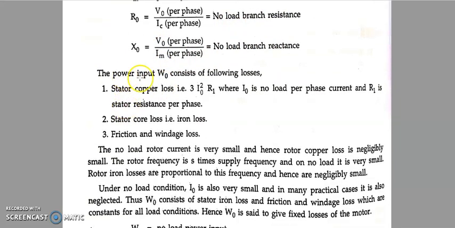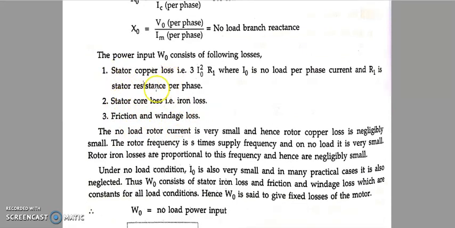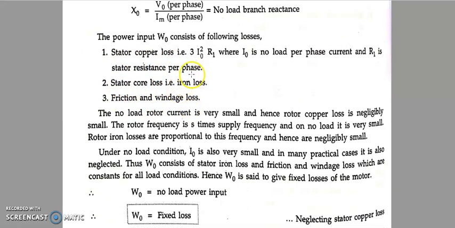And we know that the power input, that is W0, consists of 3 things: stator copper loss, stator core loss, as well as friction and windage loss. Since copper loss is very, very low, usually the first one is neglected, and only the 2 things are considered, that is iron loss as well as friction and windage loss.